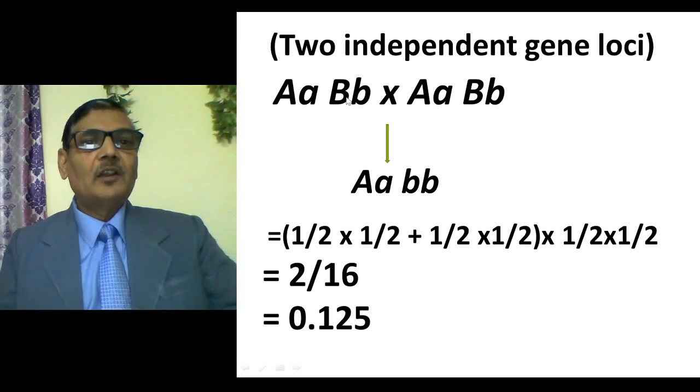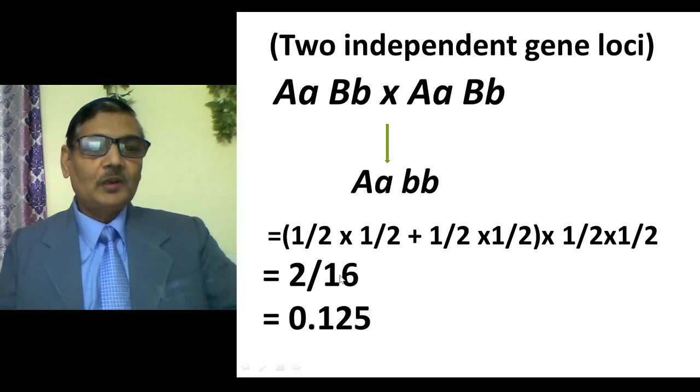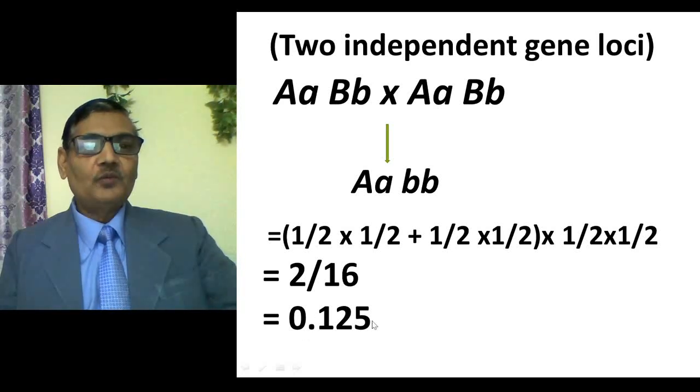So here it is capital B small b, and getting small b from this side will be 1 by 2, and also getting small b from this side will be 1 by 2. So into 1 by 2 into 1 by 2, and the final value will be 2 divided by 16. When you solve this, it will come to 0.125.